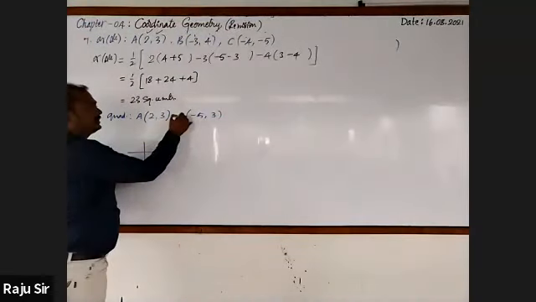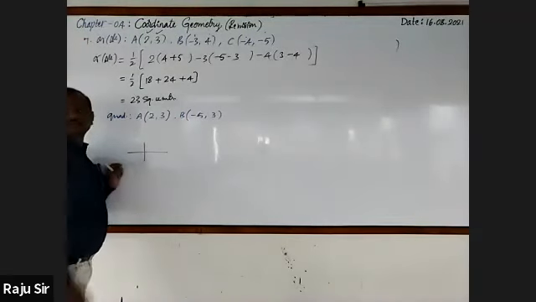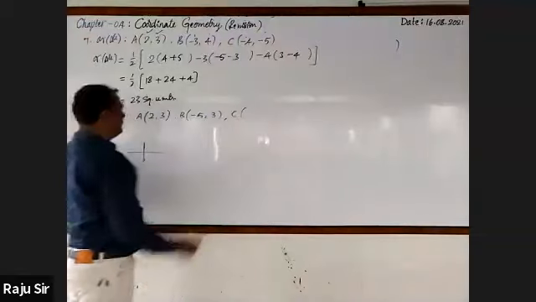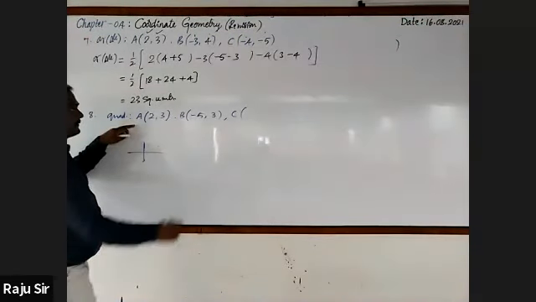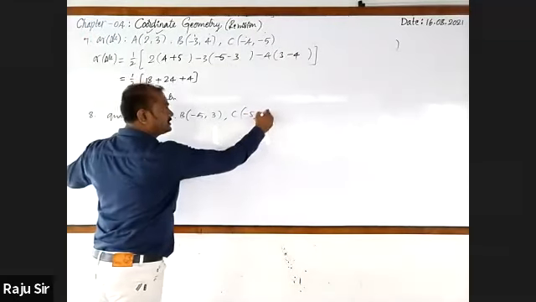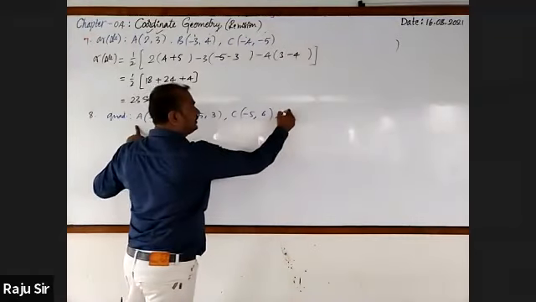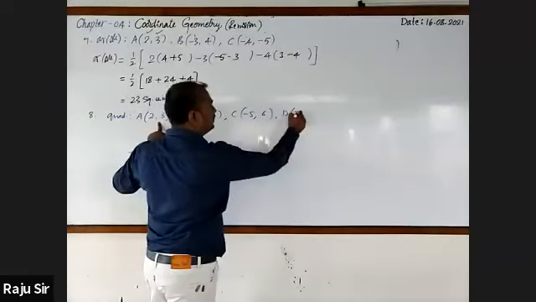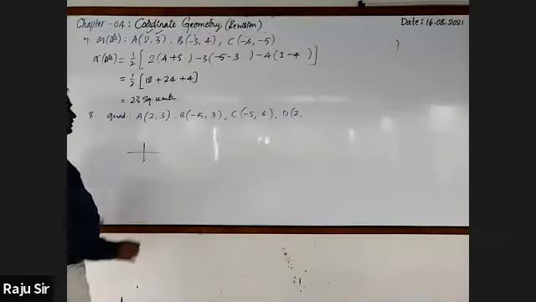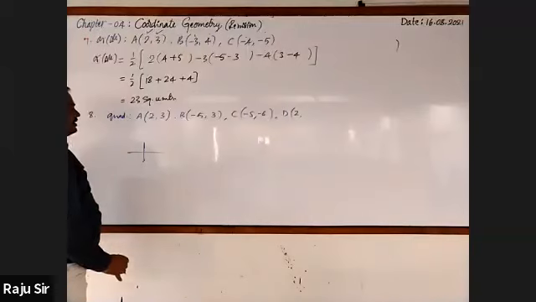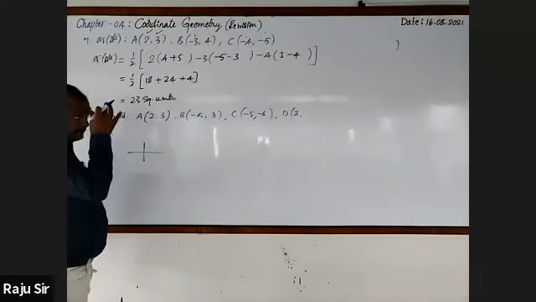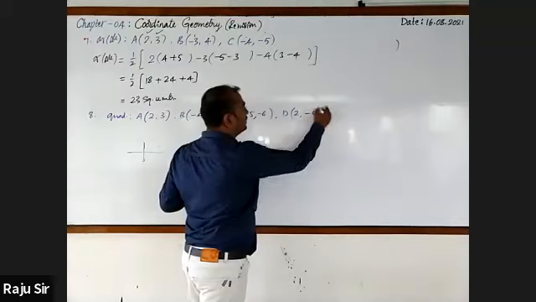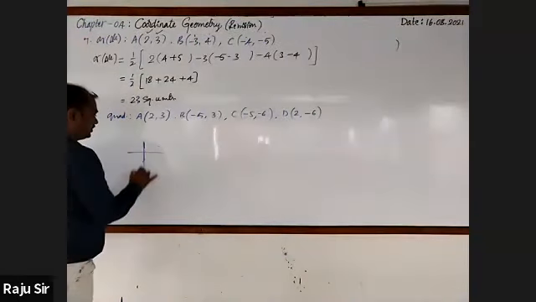The third point C is (minus 5, 6). And D is (2, minus 6). Just observe.